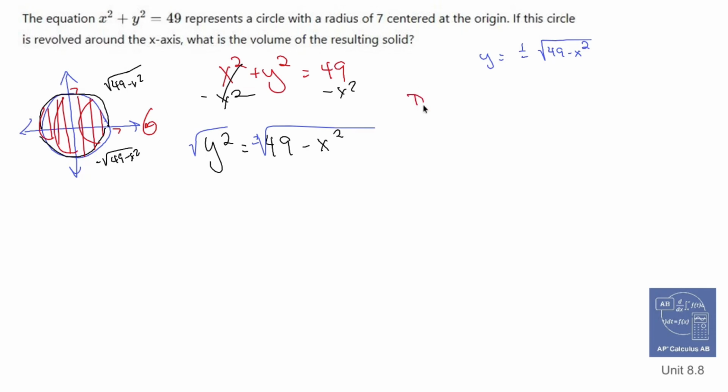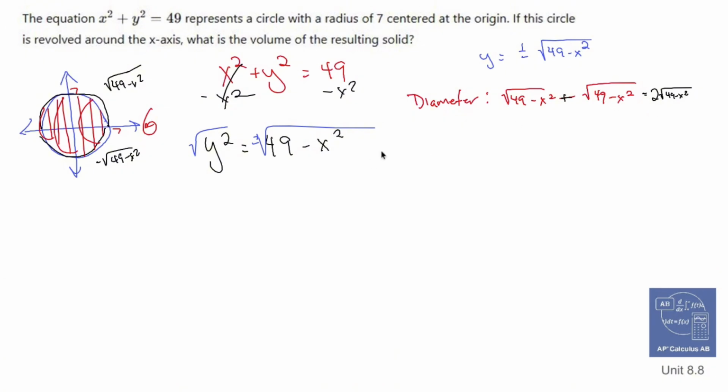To find the diameter, you take the top equation, the square root of 49 minus x squared, and you subtract the bottom equation, the negative square root of 49 minus x squared. That gives you a diameter of, double negative makes a positive, 2 square root of 49 minus x squared.